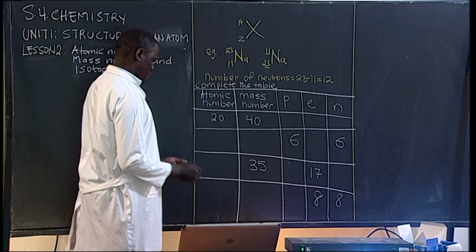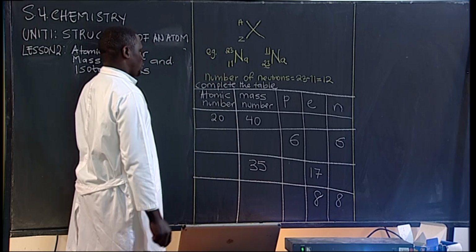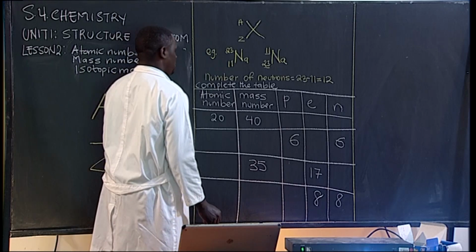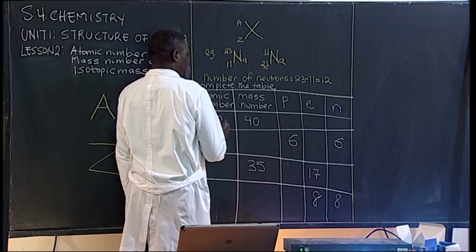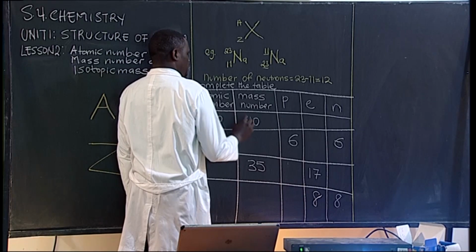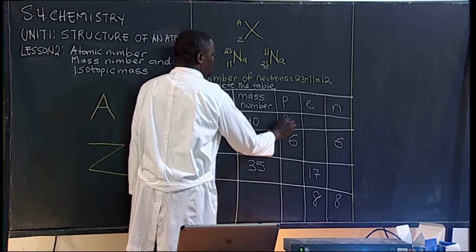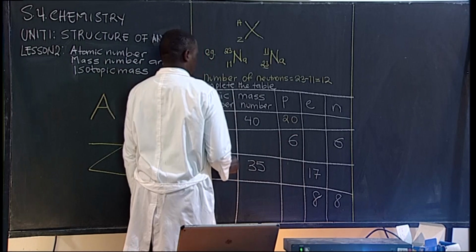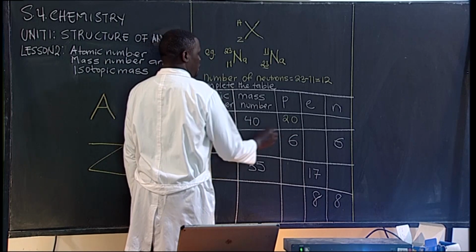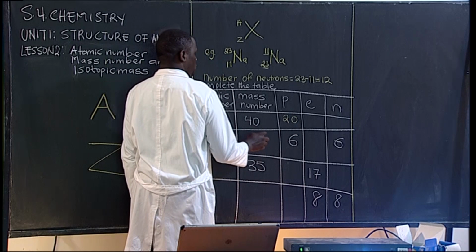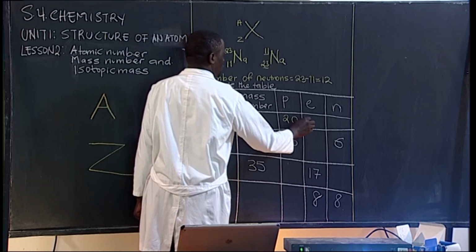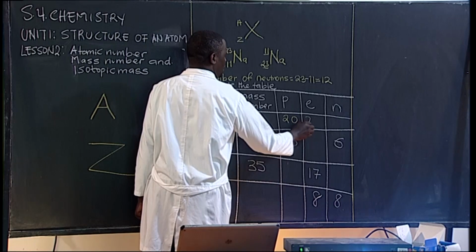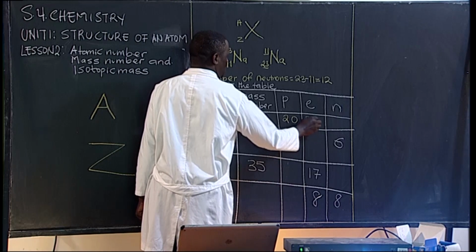Just do like that. So now we are going to complete our table. We said atomic number is the number of protons, so here it will be 20. Then the number of electrons, if the atom is neutral, which we believe this time, will also be 20 because they are equal for a neutral atom.